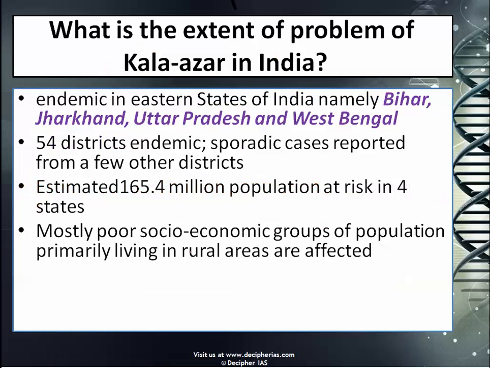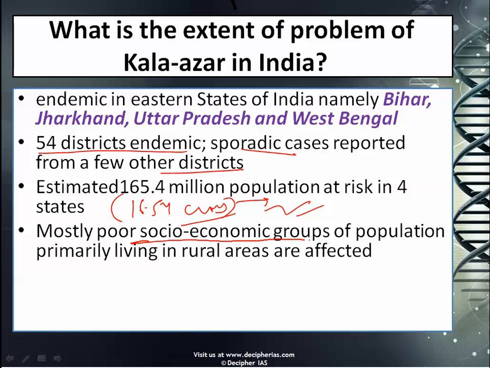Let's move ahead. So what is the extent of the problem in India? Now it is mainly endemic in Bihar, Jharkhand, UP and West Bengal. 54 districts are endemic for this disease, and sporadic cases are reported in some other districts. Approximately 16.54 crore people are at risk in these 4 states, and mostly the people are from a poor socio-economic background who have less know-how of hygiene and health.